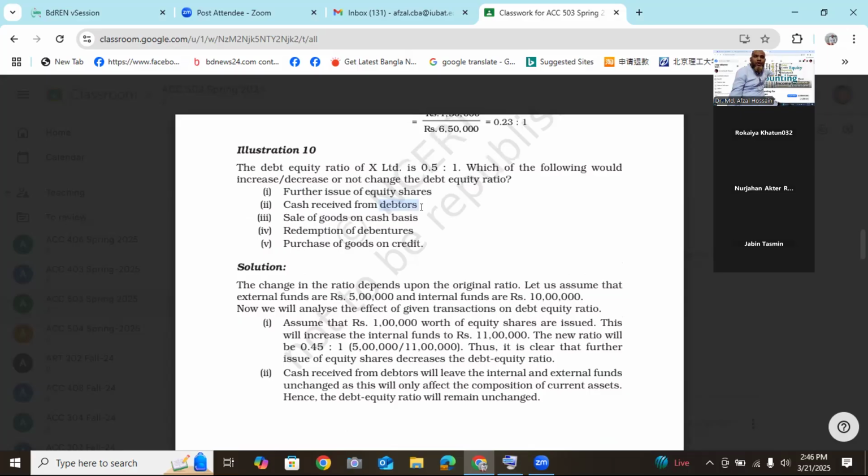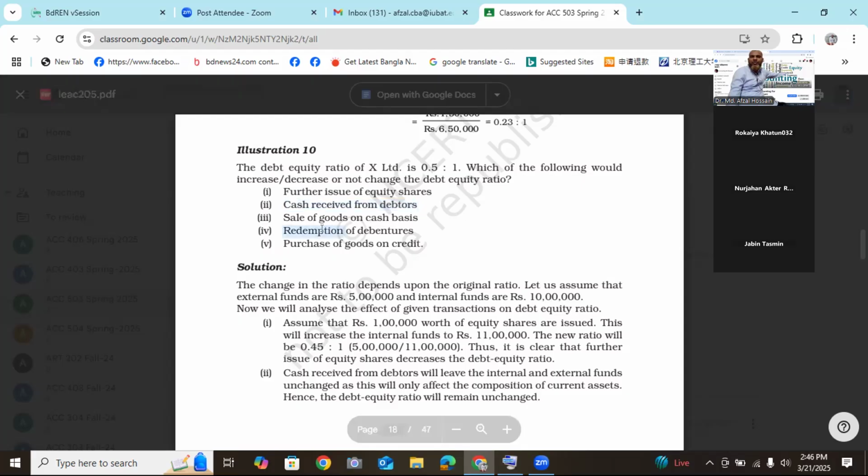You sold products or inventory on account earlier, and now they give you money. There is no effect on the debt to equity ratio. Have you got this? Yes. No change in the debt to equity ratio.